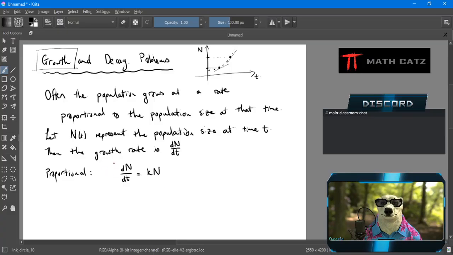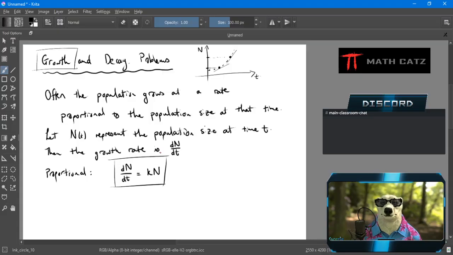So this is going to be our key differential equation to describe how the population changes. Its rate of change is some scaled up or down version of the actual population, so that if the population size goes up, then they grow faster, and vice versa.